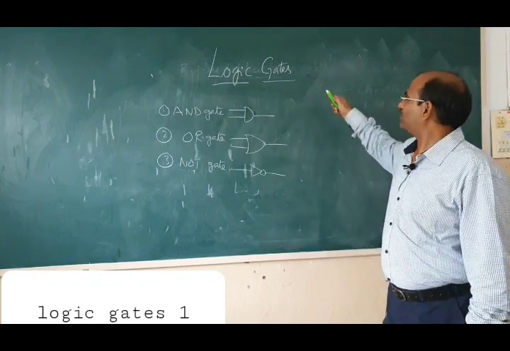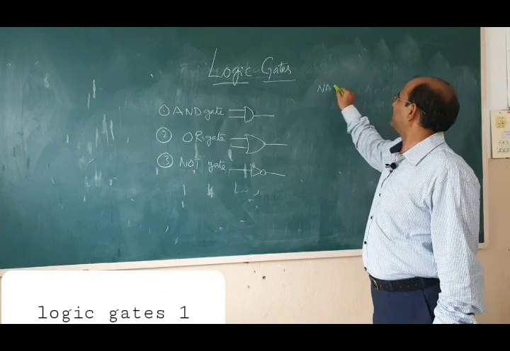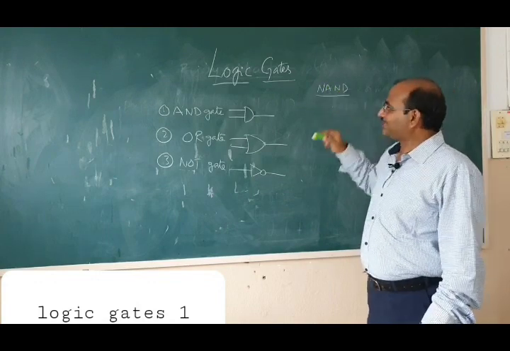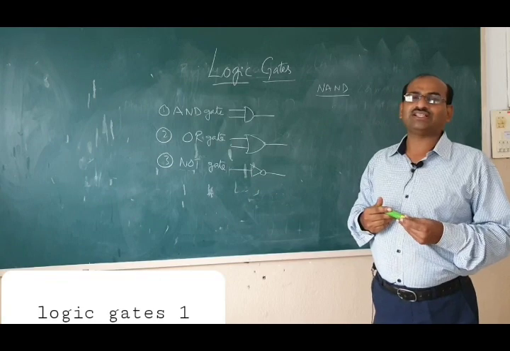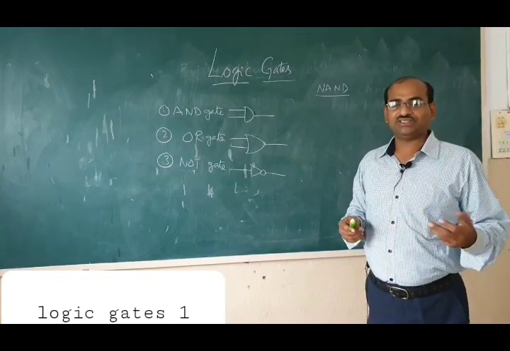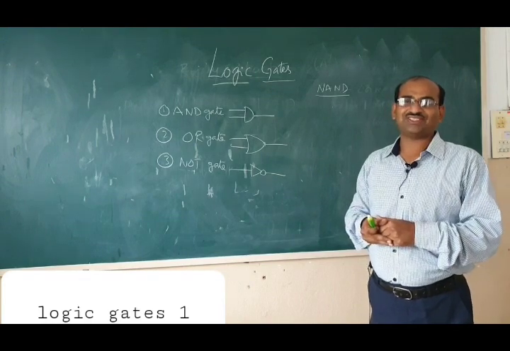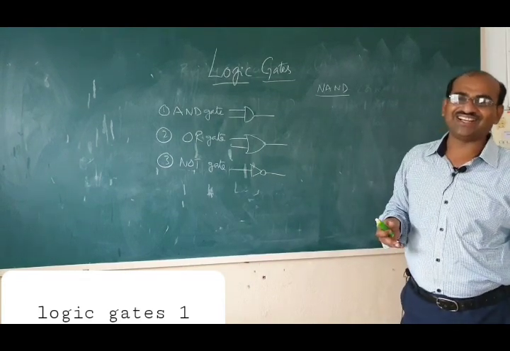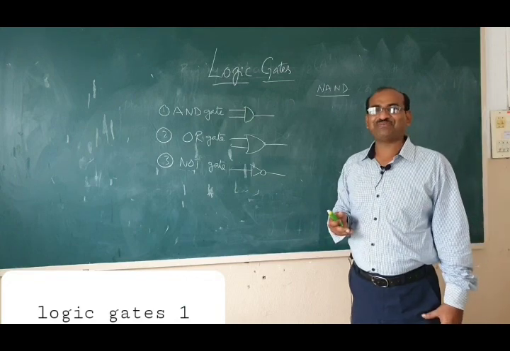The next logic is NAND logic, and the next two which we discuss are generally known as universal gates. Universal means, just in a lighter vein, they are not the gates of Universal Studios.